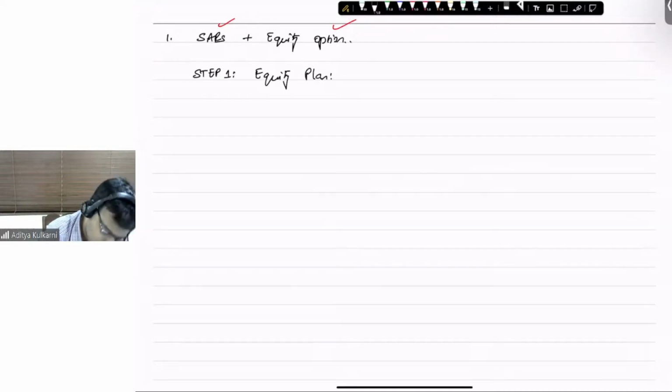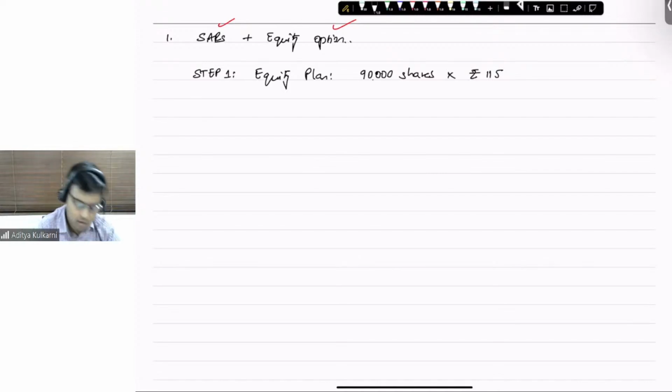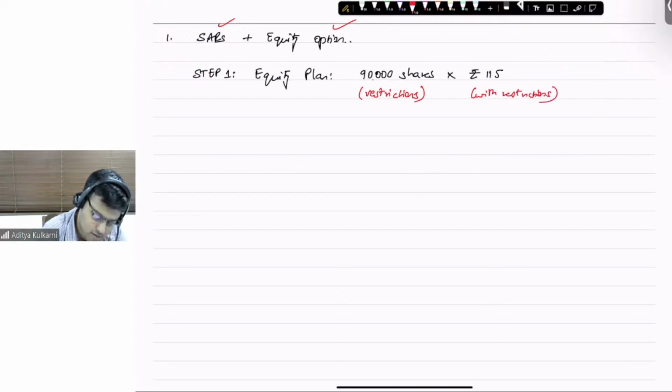Equity plan. What are you going to get? 90,000 shares multiplied by 115. What is this 90,000? This is with restrictions, and this fair value is also with restrictions.